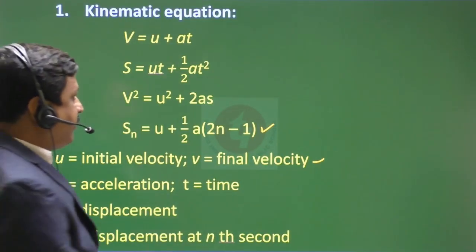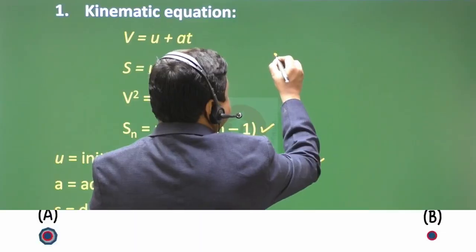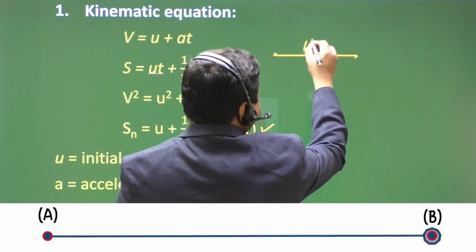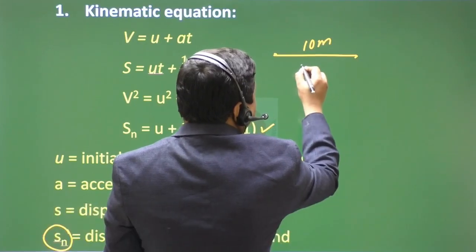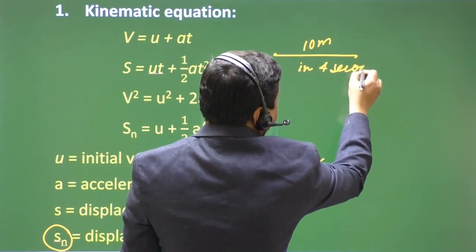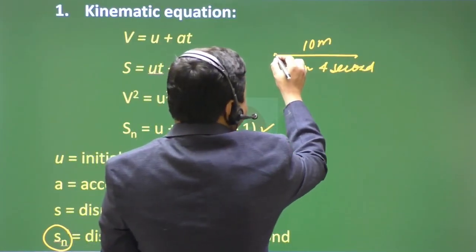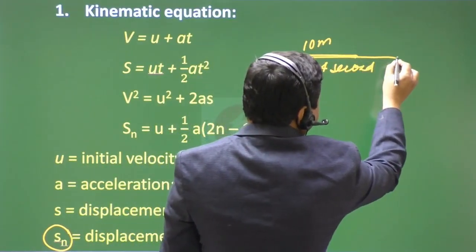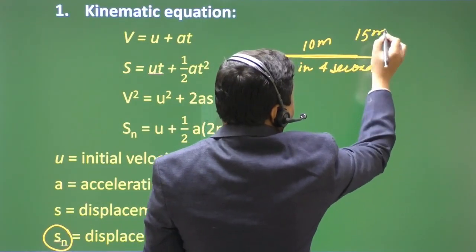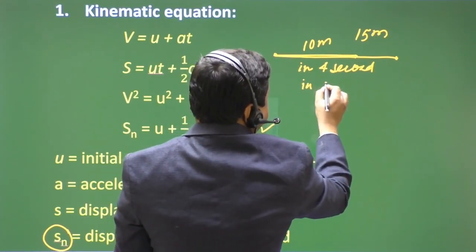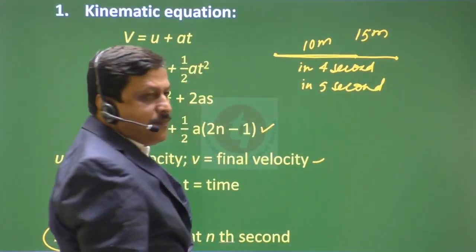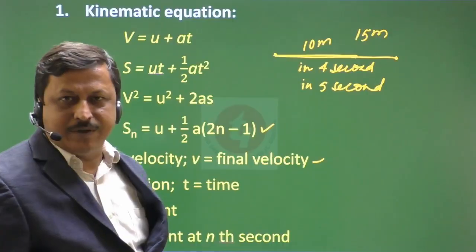That means if a particle moves, say, 10 meter in 4 seconds, and this particle moves total 15 meter in 5 seconds. That means in the 5th second, what is the displacement?